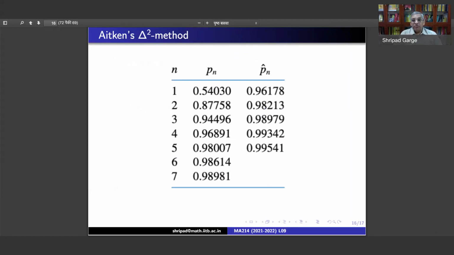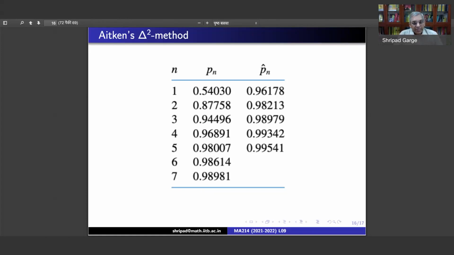Our P1 was cos 1, which was just 0.54030, but P hat 1 is 0.96178, so the very first digit is correct from the very first approximation. By the third or fourth approximation, with rounding, we are correct to the second digit. This is how we get a nice sequence of points converging to 1 with a higher order of convergence.